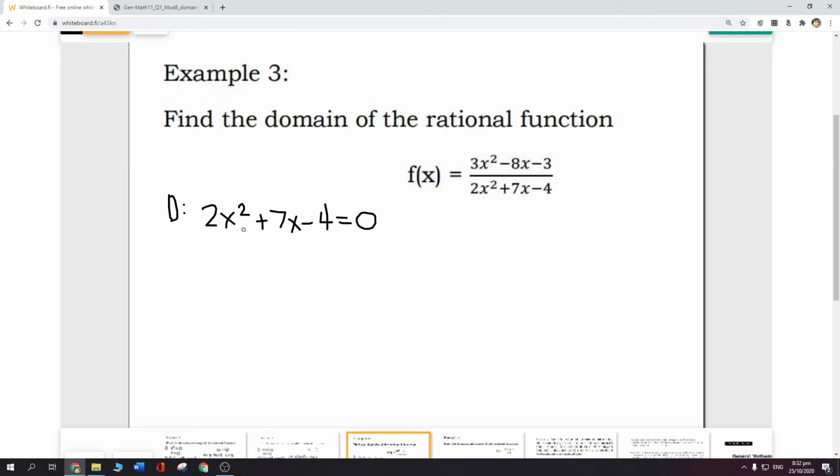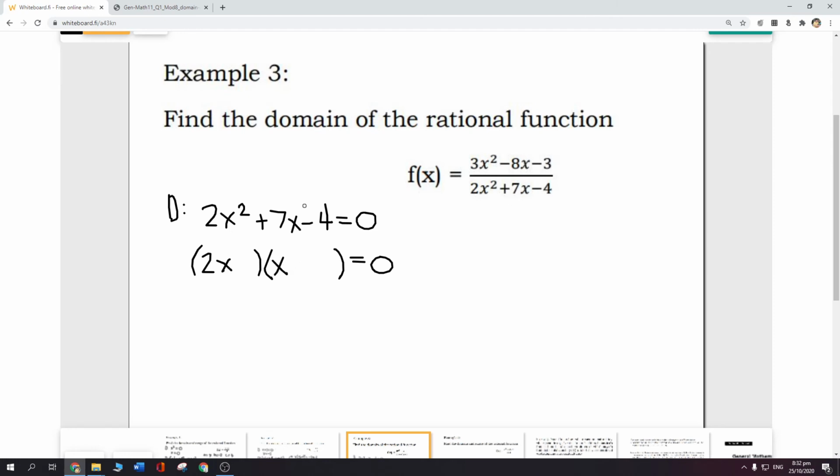Since this is a quadratic equation, we are going to use factoring. So we have to write 2 parentheses, then equals 0. We have to factor first the first term, which is 2x squared. So we have 2x and x.